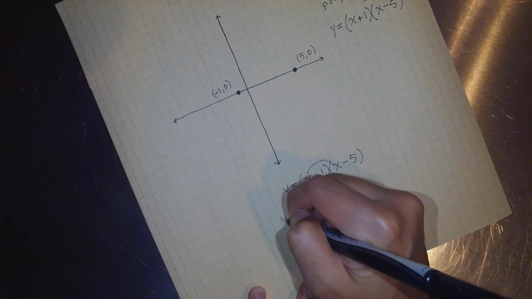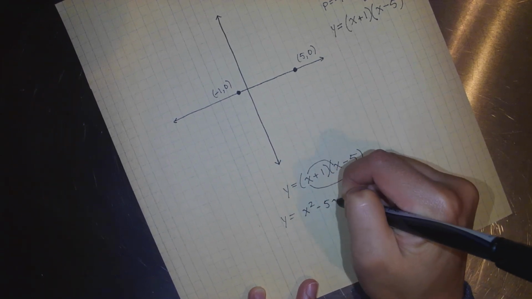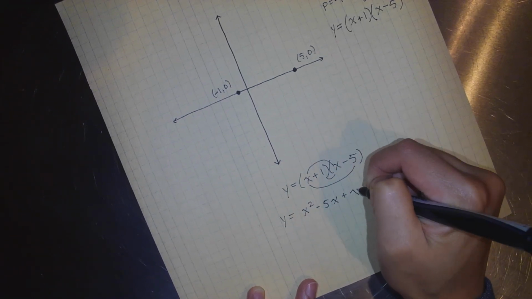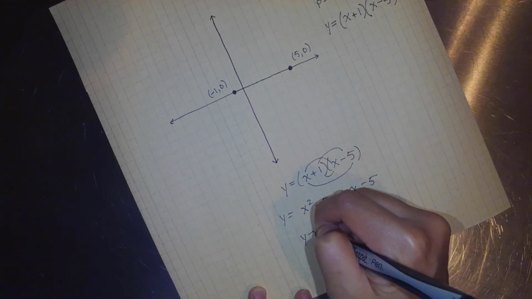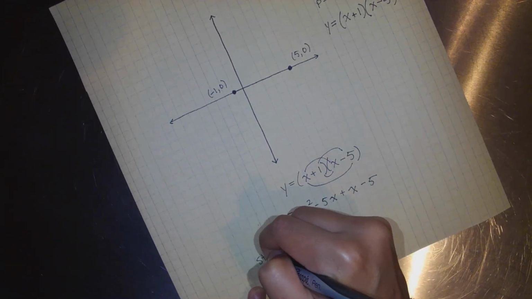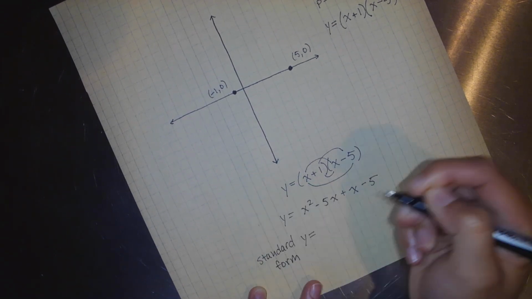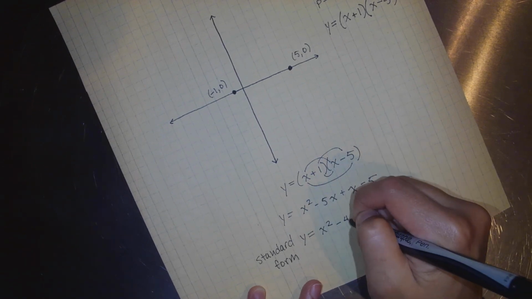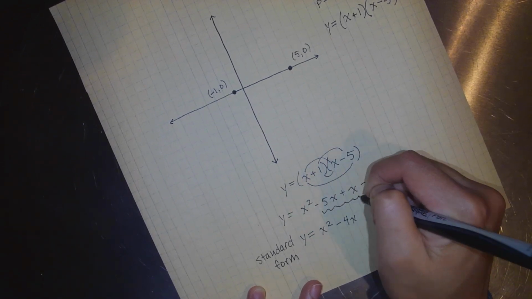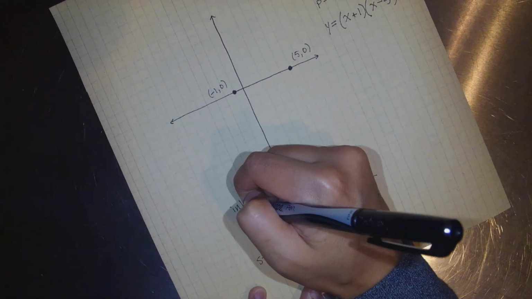So we'll have y equals x squared minus 5x plus x minus 5. Our standard form will be y equals x squared minus 4x, combining your like terms, minus 5. And this is our intercept form.